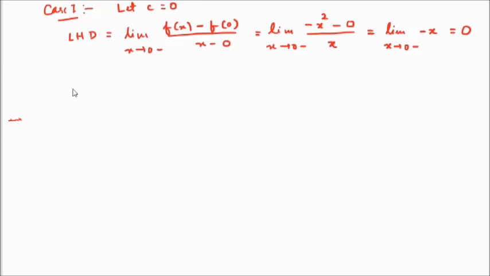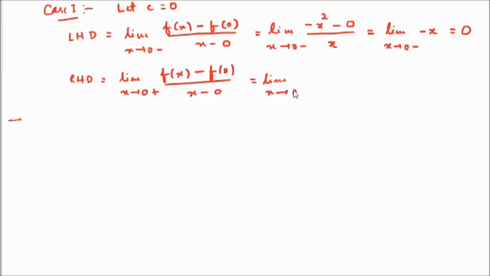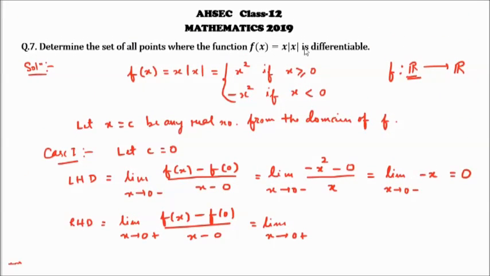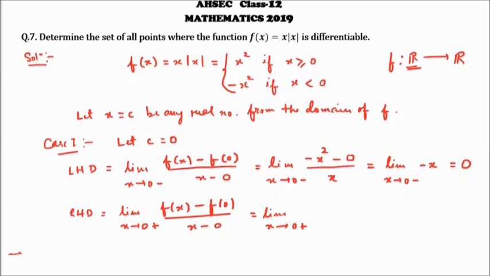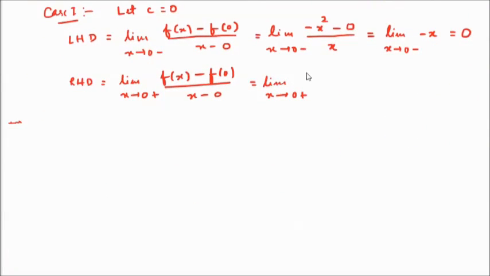Next, the right hand derivative will be limit x tends to 0 plus of f of x minus f of 0 by x minus 0. For x greater than 0, my functional value is x square, so I will get x square minus 0 by x.